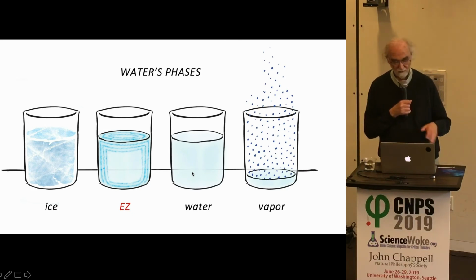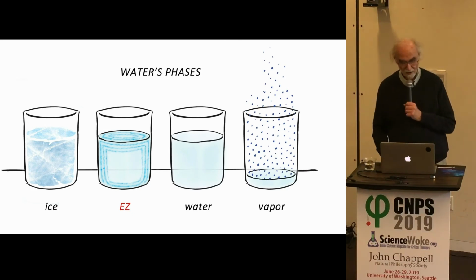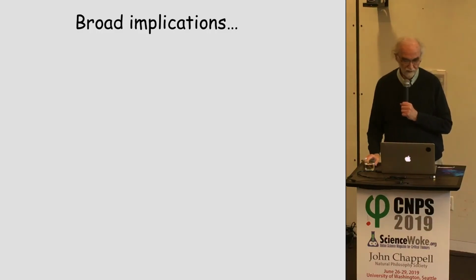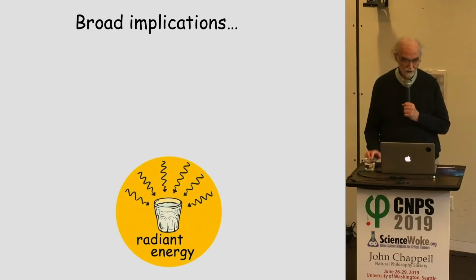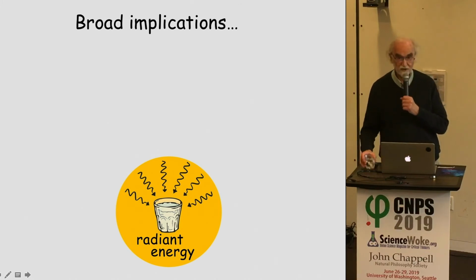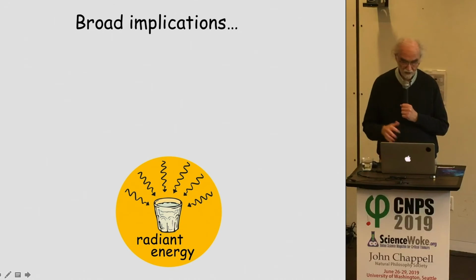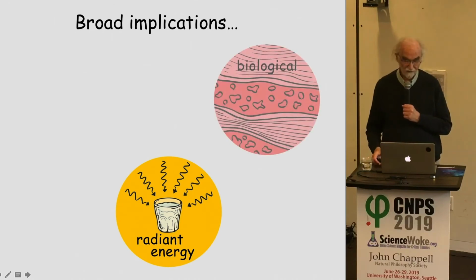It resolves some of the thermodynamic anomalies that are associated with ice formation. But all of this, I think, has rather broad implications. The main and central point is that radiant energy is getting absorbed by the water. That's kind of the central point. What follows from that is a whole lot of different things.